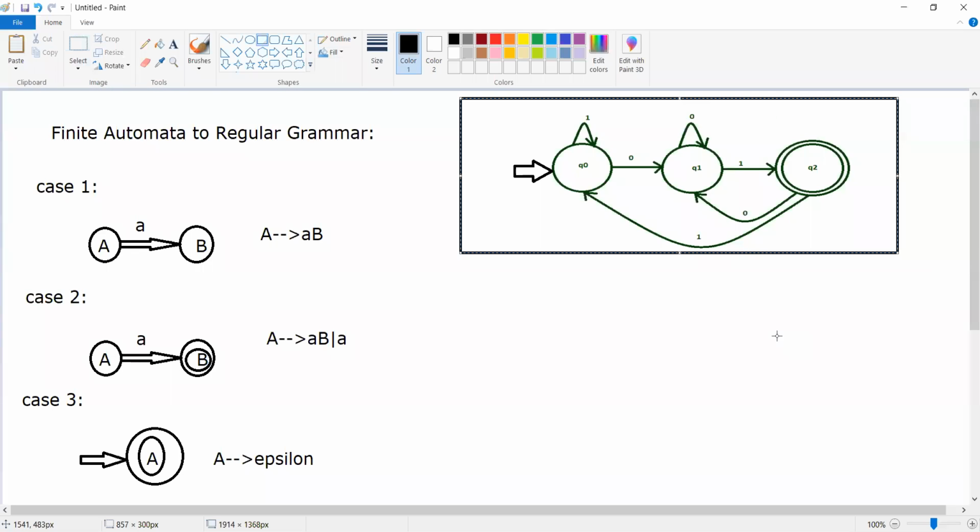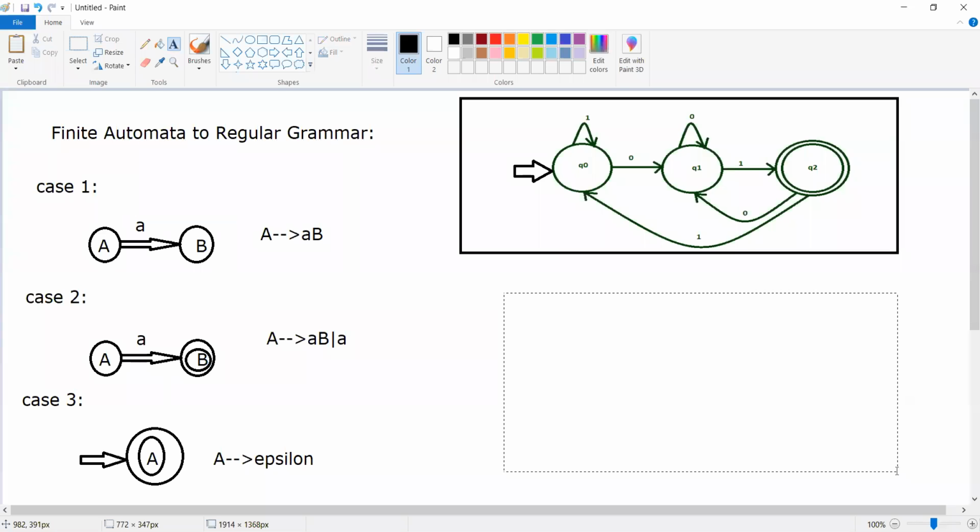Now, what are the steps we have to follow? If you look into this finite automata, it will have either all the three cases or any one or two of the cases. Using these three cases only, we are going to write the regular grammar.